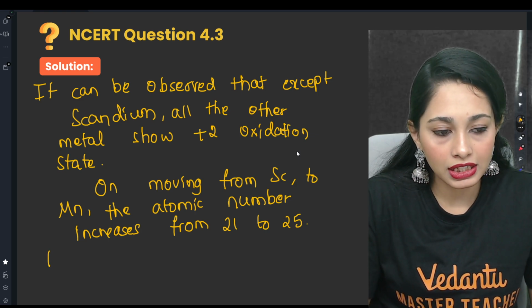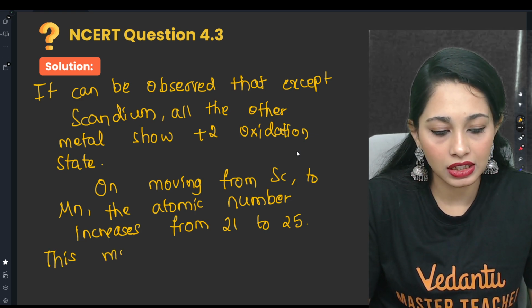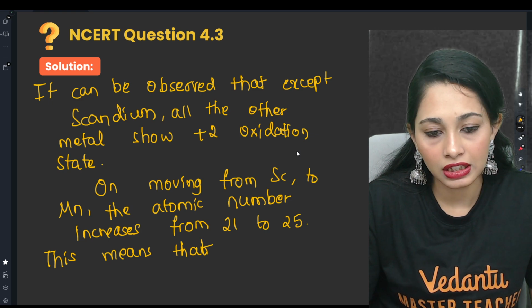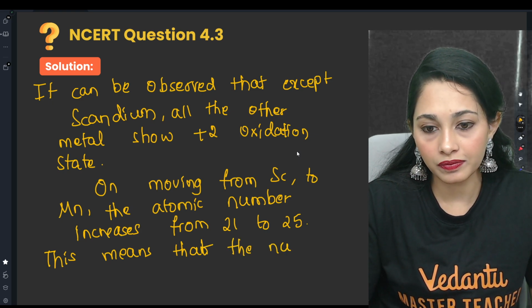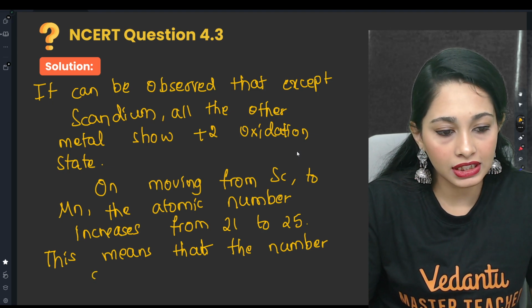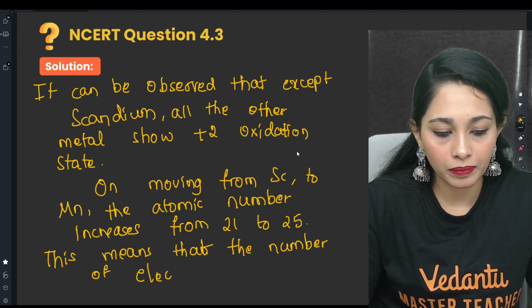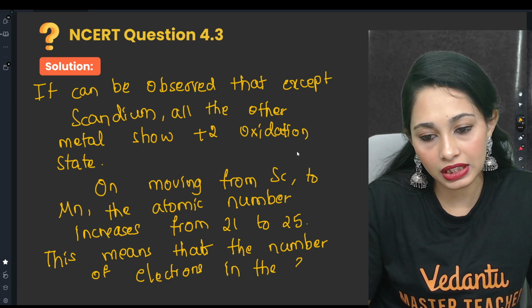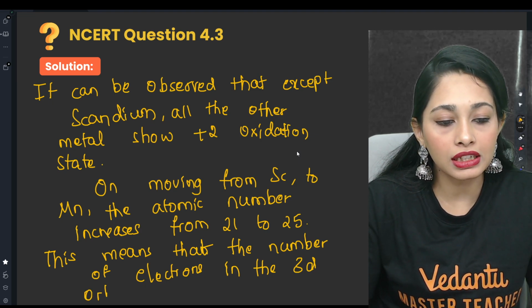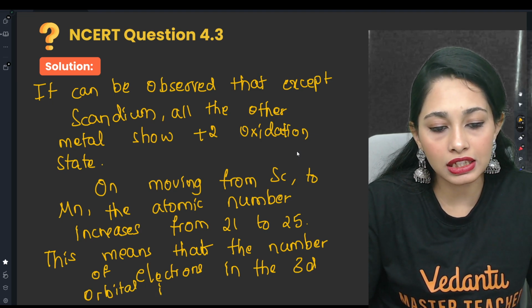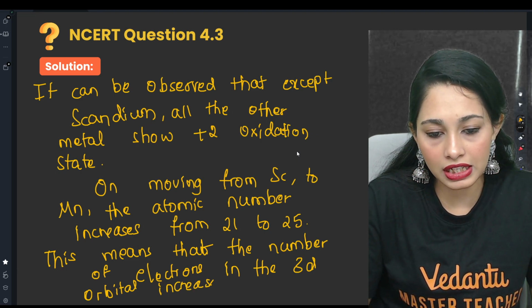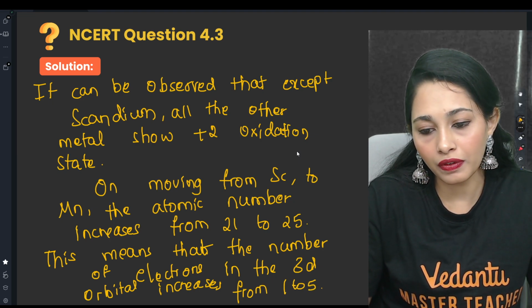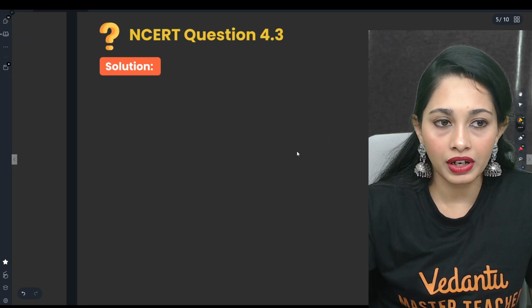This means that the number of electrons in the 3d orbital increases from 1 to 5. Alright.